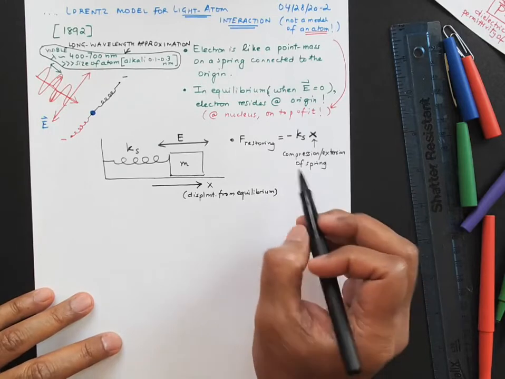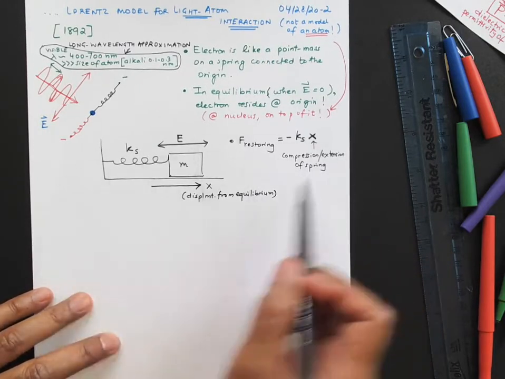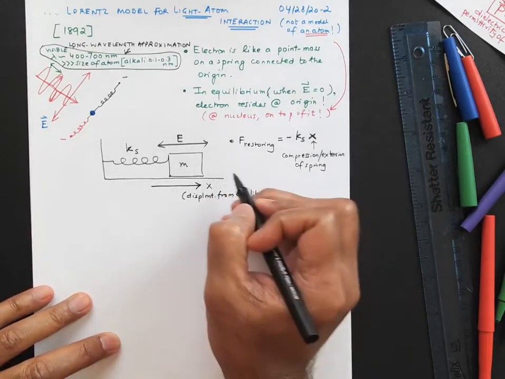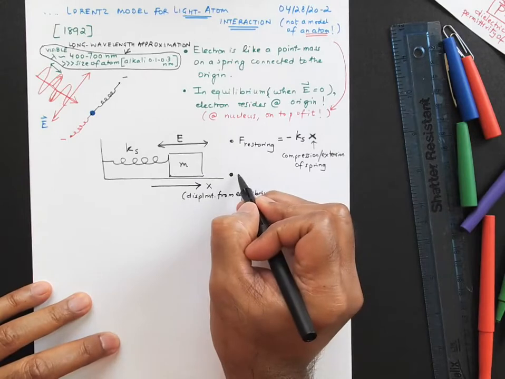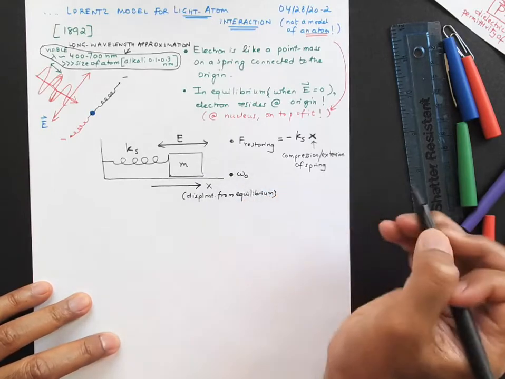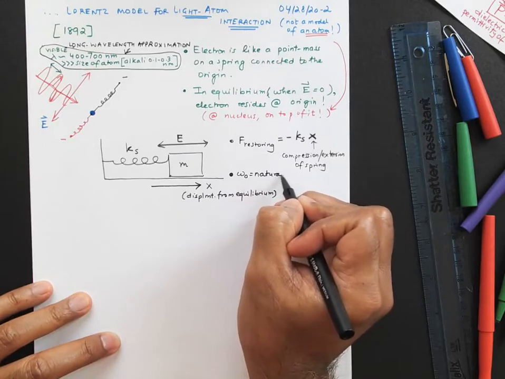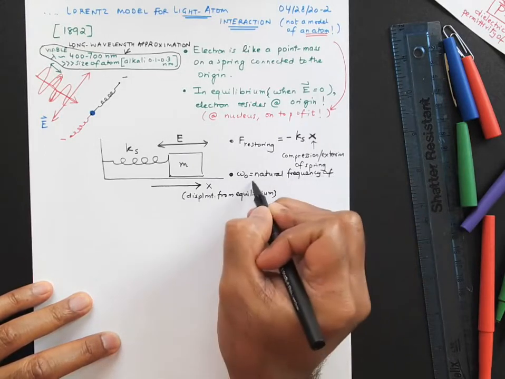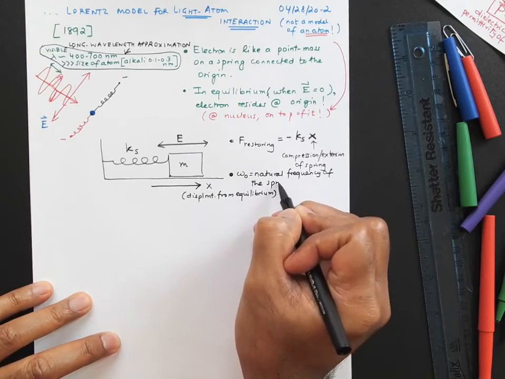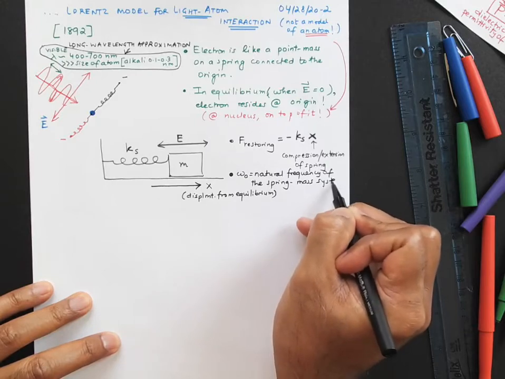And then the other thing I want you to remember from simple harmonic motion was that we defined something, let's denote it by omega naught, and this is the natural frequency of the spring mass system.